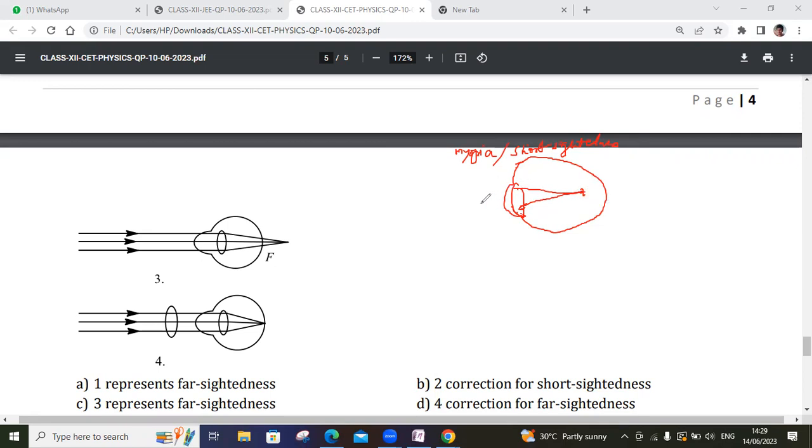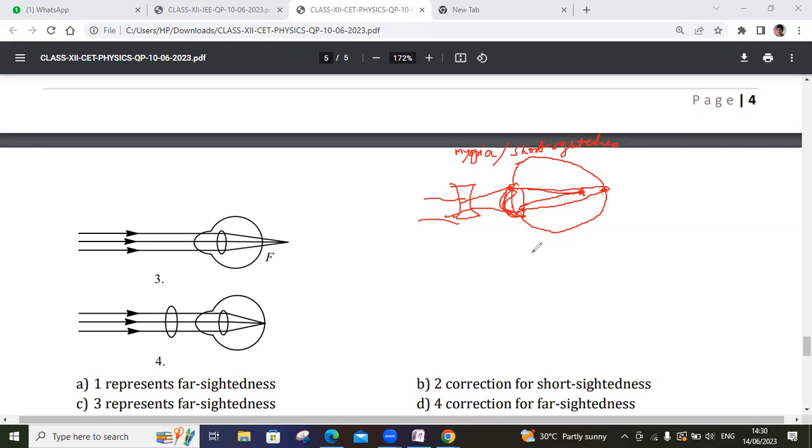So this is myopia actually. And to have correction, what can we do? We can use a concave lens. Then it will diverge the rays a little bit so that it can form the image here. Basically, the eyeball will be a little larger, or the cornea is very spherical, so it bends too much, so that it will not be focused here.